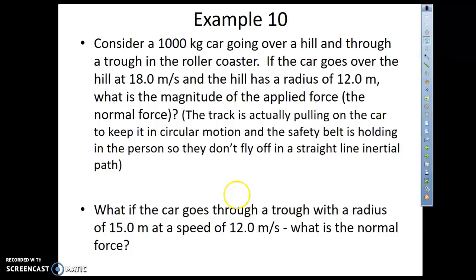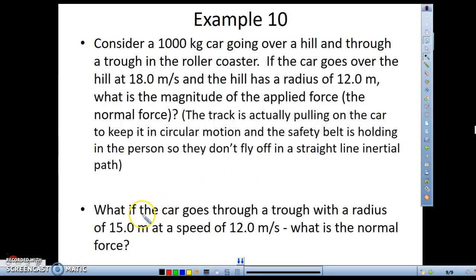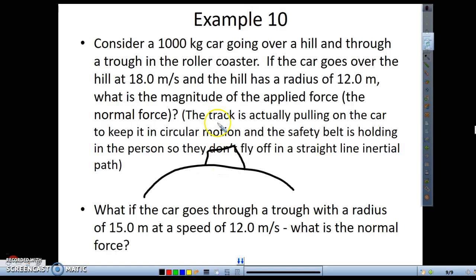All right, so in this particular one, what's happening is you've got a car going over the track. It's going to be the same kind of thing that's happening here. Now, I know as you're going over, you're probably thinking, okay, well, F sub N is upward.